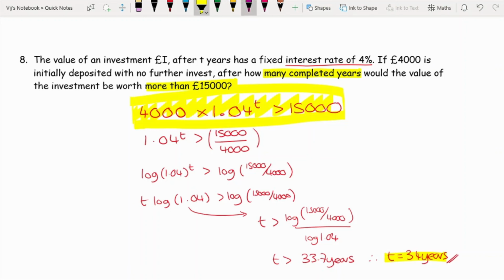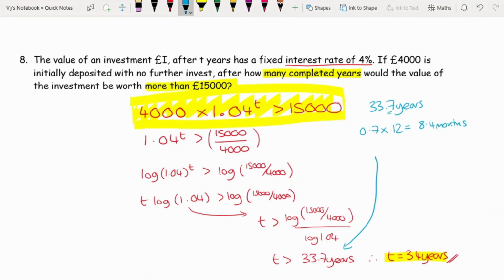Now just while I'm here, let's say a question asked you to give your answer to the nearest month, for when it equals 15,000. We know we've got 33.7 years. To get this in months, I take the decimal part, because I know there are 33 completed years, so 0.7 times 12, because there are 12 months in a year, is going to equal 8.4 months.